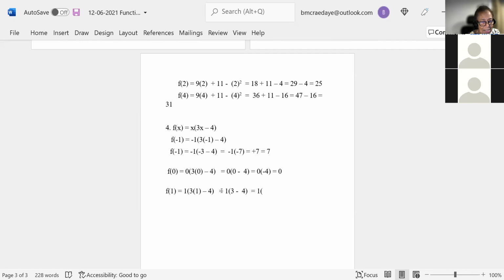Yeah, 3 minus 4 is equal to what? You said a 1. Why positive? Which one has the most? Which number is the biggest, 3 or 4? 4. And what's the sign on the 4?